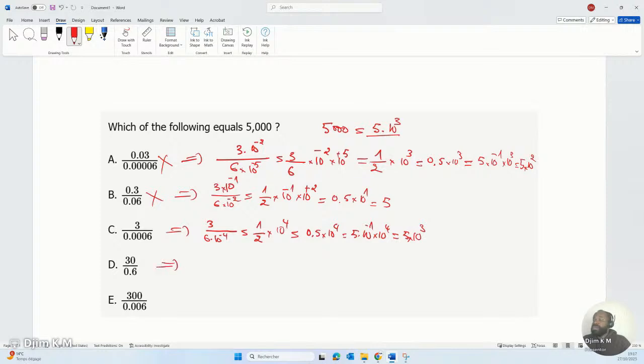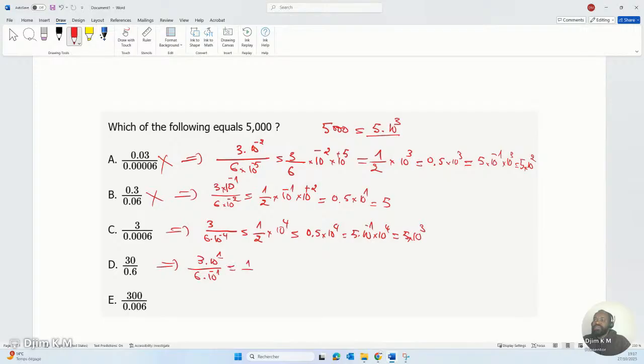If you want to confirm, this will be 3 times 10 to the power 1 over 6 times 10 to the power minus 1.